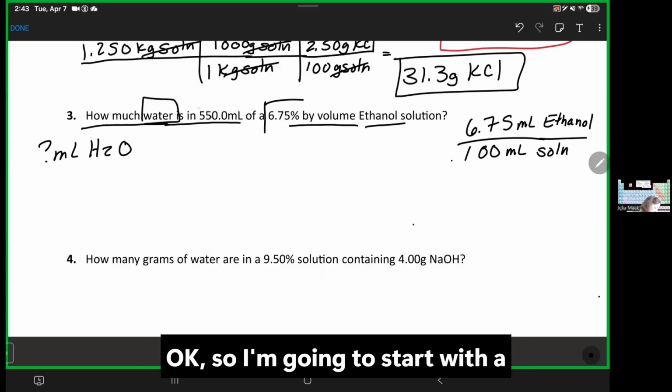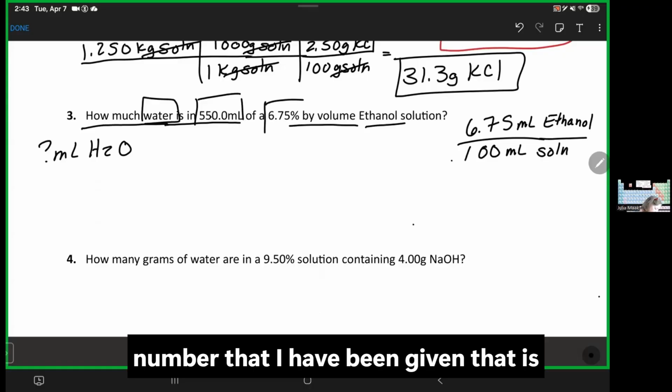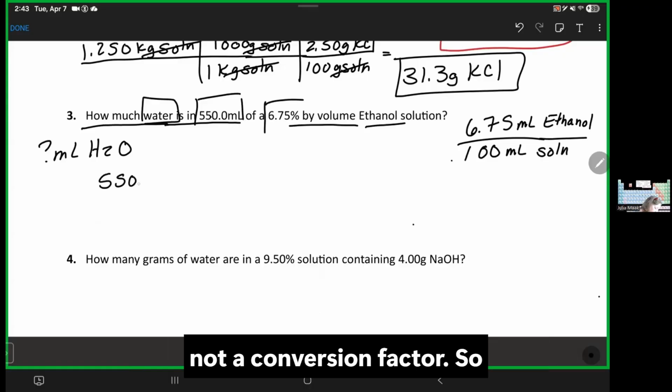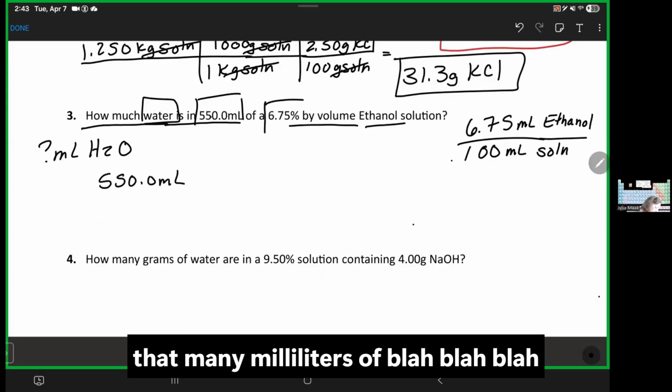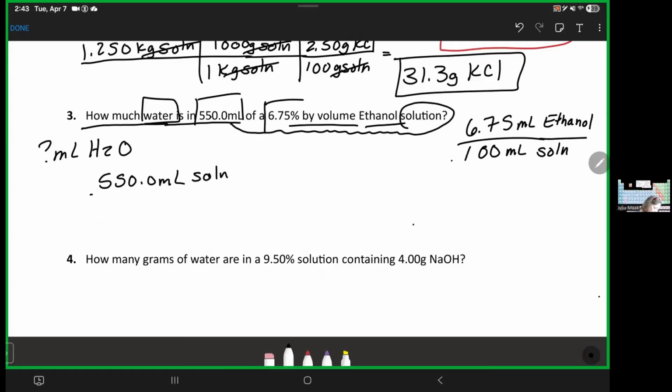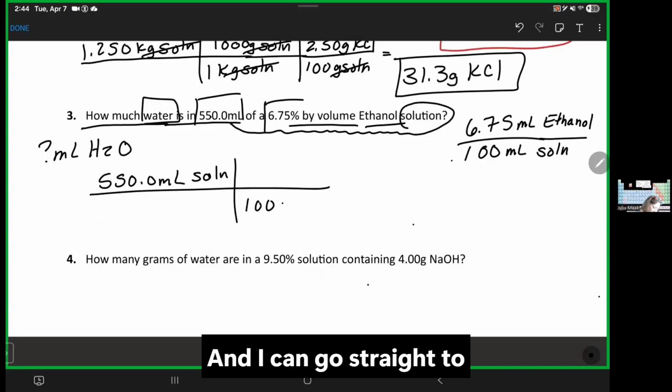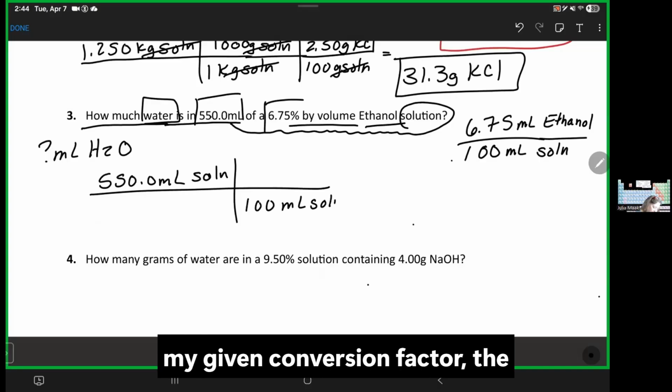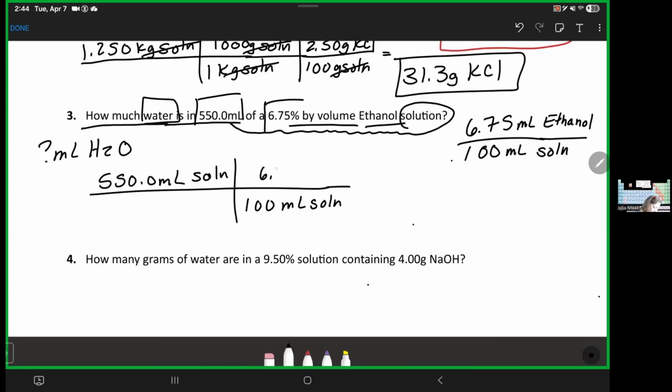So I'm going to start with a number that I have been given that is not a conversion factor. So that many milliliters of solution. Okay, so that is our solution. And I can go straight to my given conversion factor, the percentage.